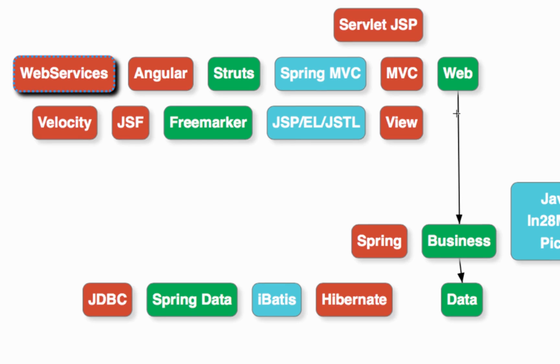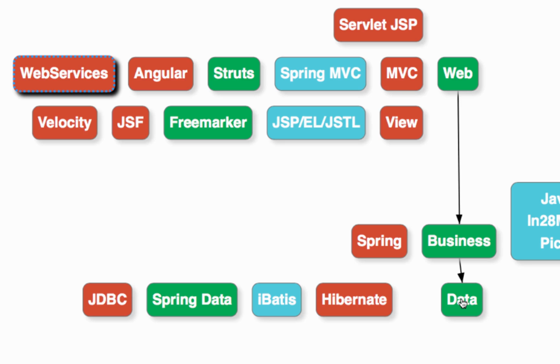In a real world Java application, a web layer will not return data on its own. What it will do is talk to a business layer. So the web layer calls a method in the business layer to get the data. The business layer would invoke the data layer. The data layer is the place where your database connection is.